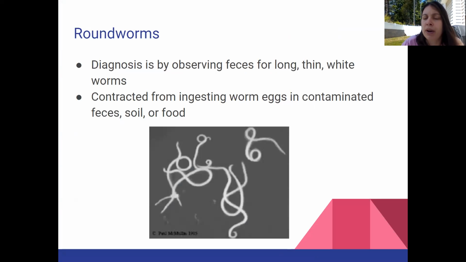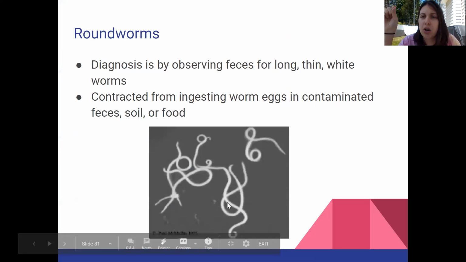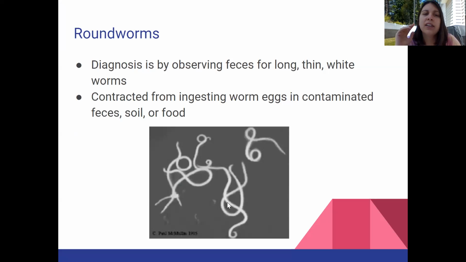The difference between roundworms and tapeworms is pretty obvious. Hopefully by now you know roundworms look like a spaghetti noodle, one nice long skinny spaghetti noodle that lives in the small intestine and eats the nutrients that are supposed to be getting absorbed by the bird.